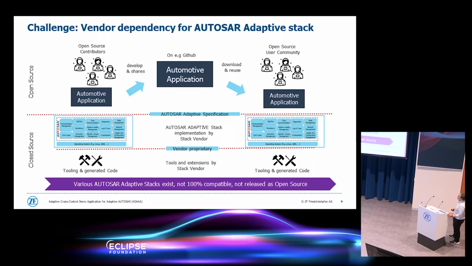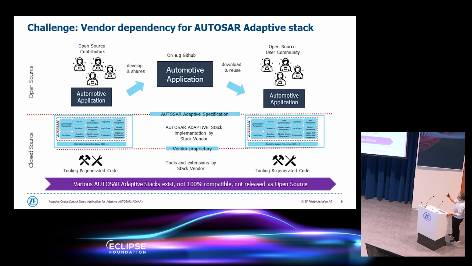And when you go beyond this scenario that we are discussing here, let's assume you are developing an AUTOSAR Adaptive application that you would like to share with the community. Then it's all about finding a community that can reuse it.